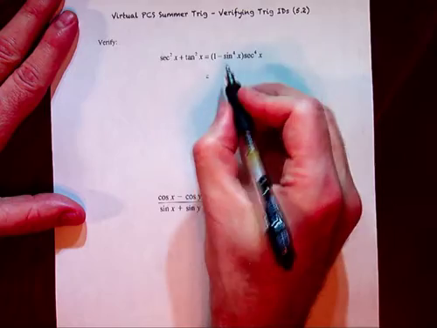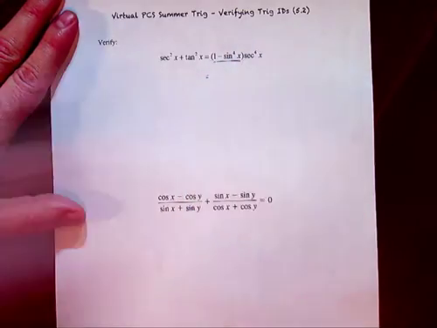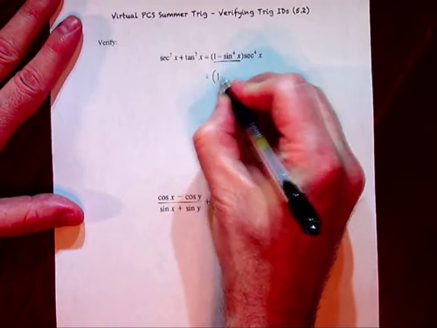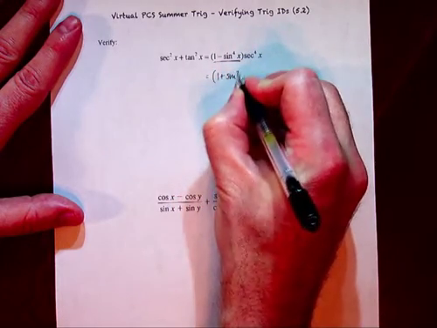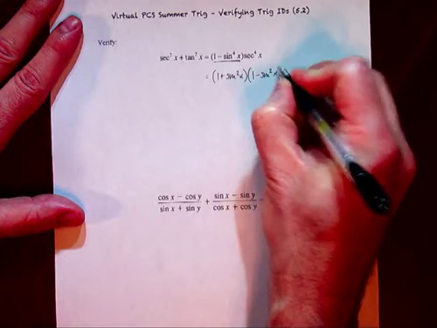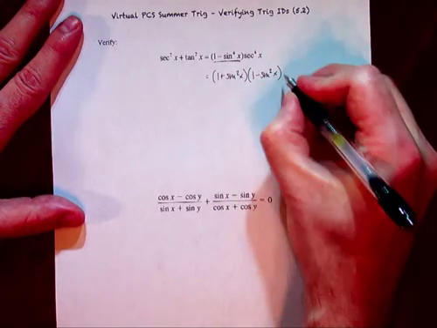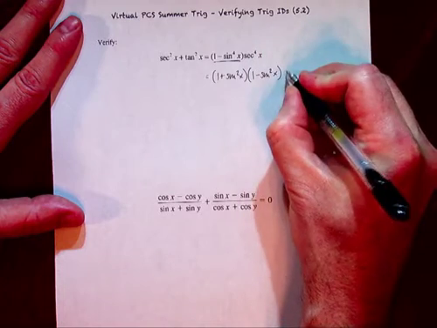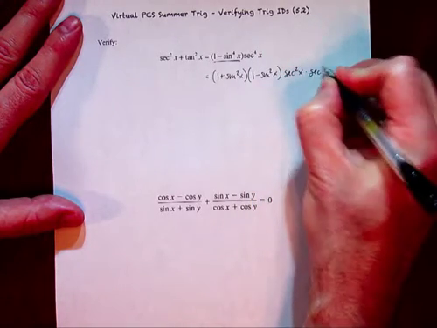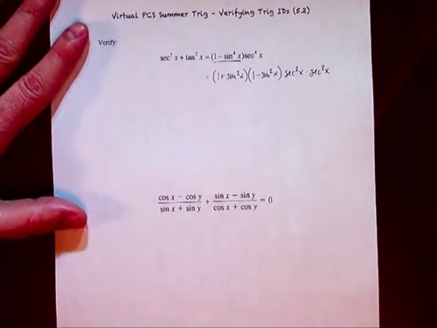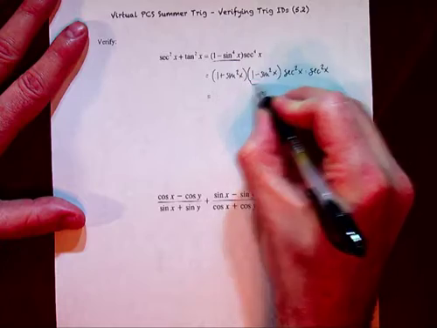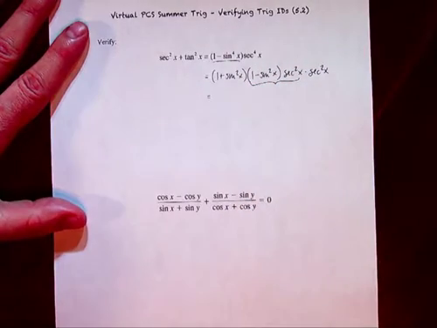But what I should recognize is the fact that that right there factors as the difference of 2 squares. And this secant to the 4th, let's go ahead and sort of chop that up into secant squared and secant squared. And the reason why I'm doing that is the fact that that right there is going to cancel into 1.